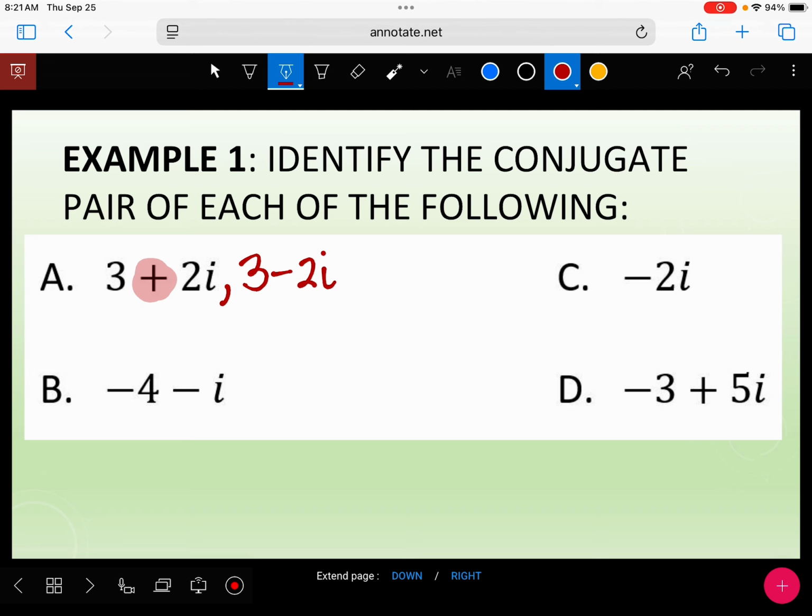If they tell me that I have a 0 at negative 4 plus i, that means I also have one at negative 4 minus i. Wait, if they say it's at negative 4 minus i, that means I also have one at negative 4 plus i.